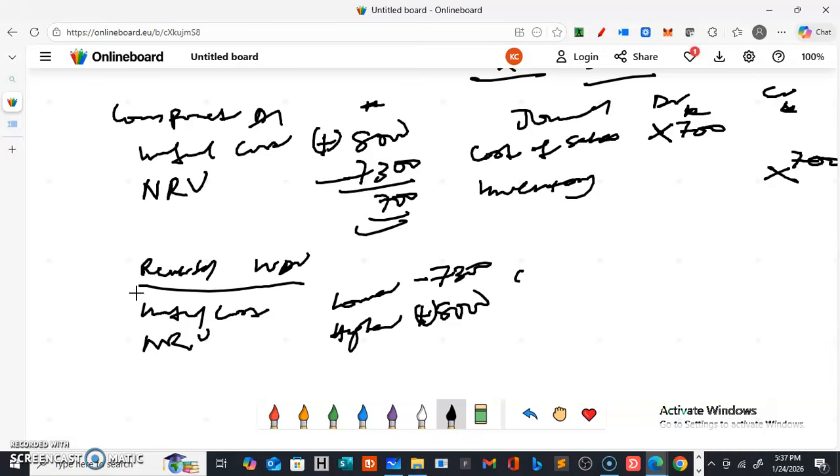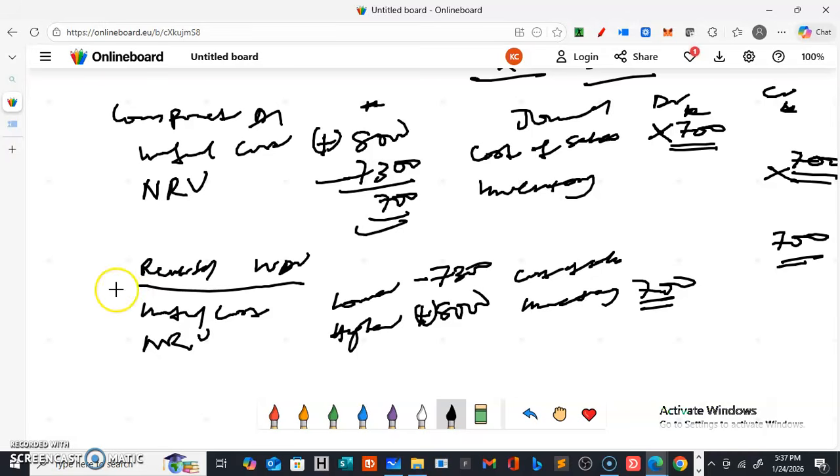We have cost of sales and inventory. We credit the 700 back to the cost of sales and debit the inventory. So this is how to reverse back the written down value of inventory.